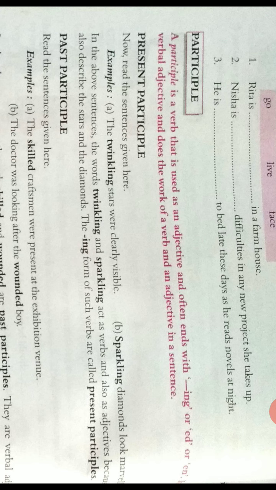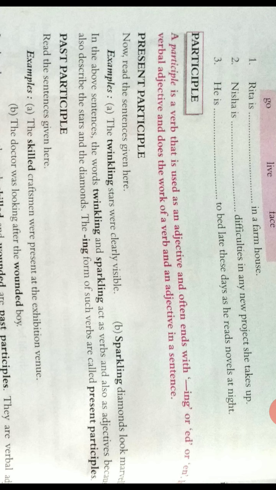According to the tense, the participles are: present participle, past participle, perfect participle. So that can be changed. It often ends with ing in the form of present participle, ed in case of past participle, and en in case of the perfect participle.